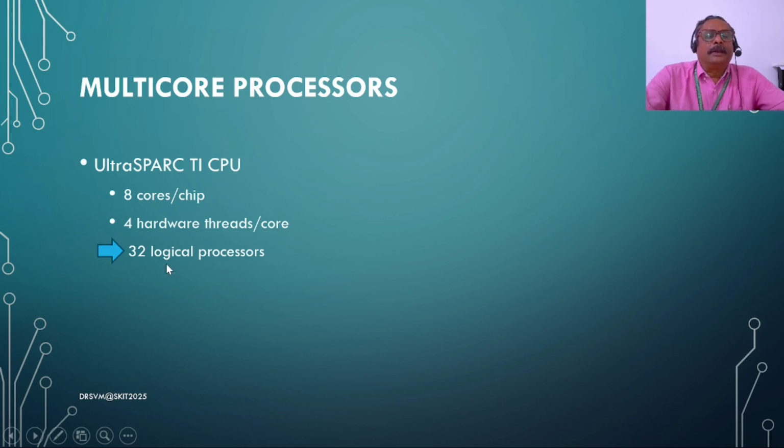In parallel it can run 32 processes or 32 threads simultaneously, because there are 8 cores in one chip and 4 hardware threads per core. That makes 32 logical hardware threads in this CPU, so from the outside it appears as if 32 are being run simultaneously.